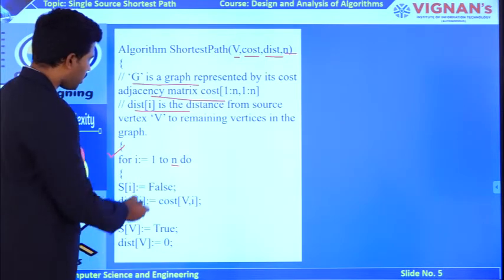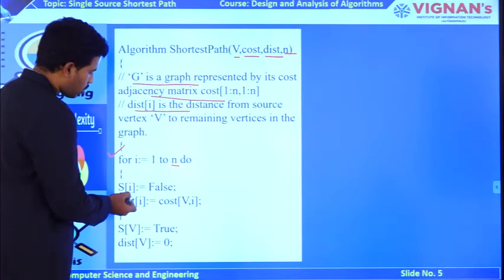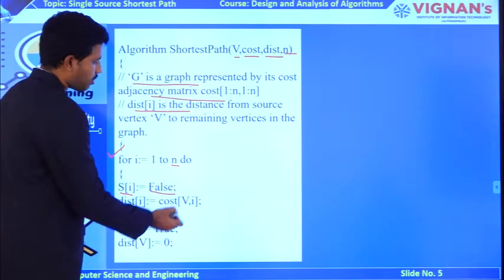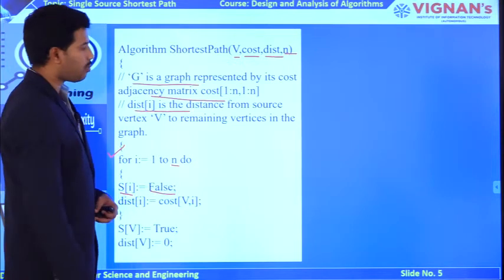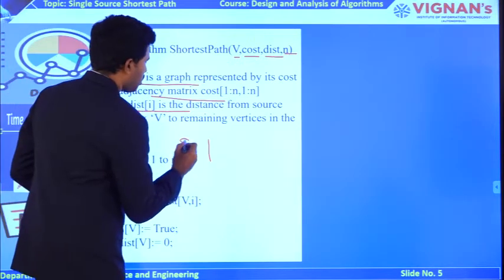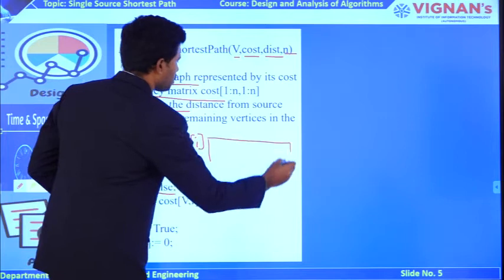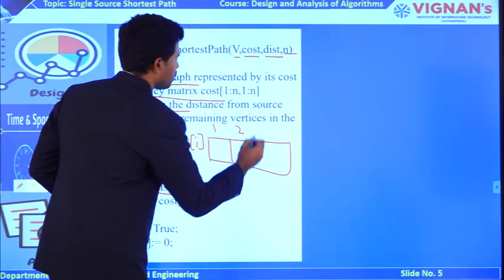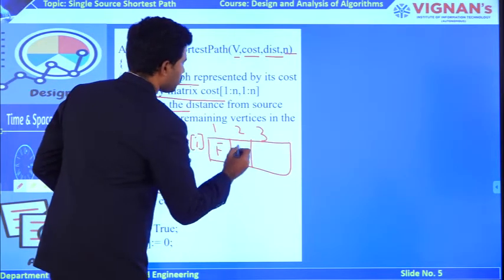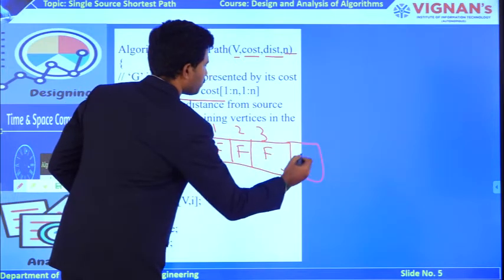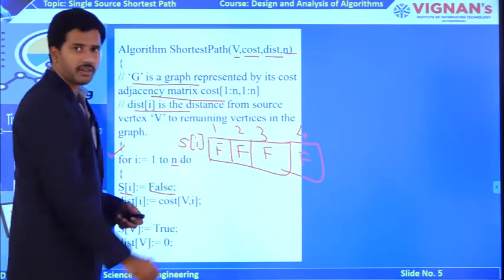If you observe very carefully, initially my solution vector is initialized with the Boolean value false. What is the meaning of this? My solution vector is filled with false values like this. So initially I didn't visit any vertex.